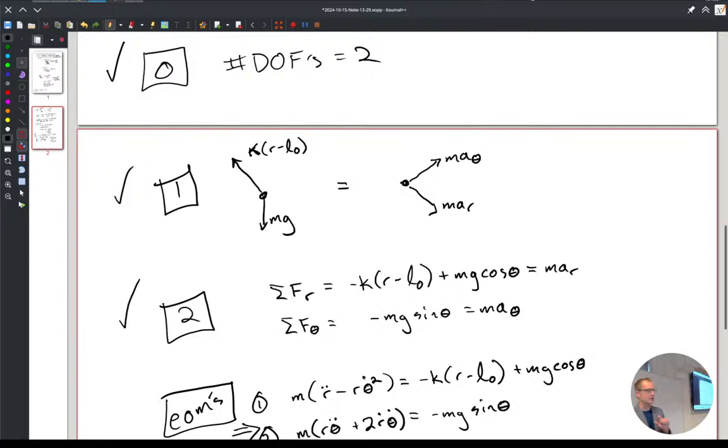From there, looking at the components sometimes gets a little tricky, like what's parallel to what, especially when we're using radial and transverse, R and theta components, rather than typical X and Y. But you can use X and Y. You'll still get those two equations of motion. They'll just look a little different, like all the sines and cosines are in different spots. If you can get there somehow, then you'll have equations of motion, and that's good.